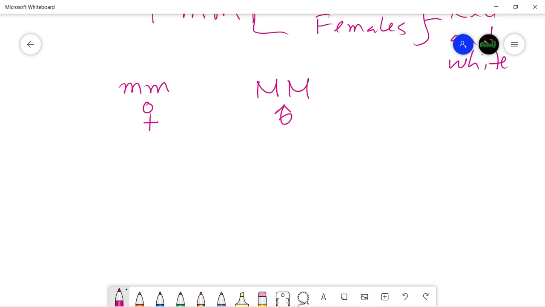You can do it the other way around, mahogany and white female and red and white male. Results will be almost the same. So this is red and white female or cow, and this is mahogany and white male.